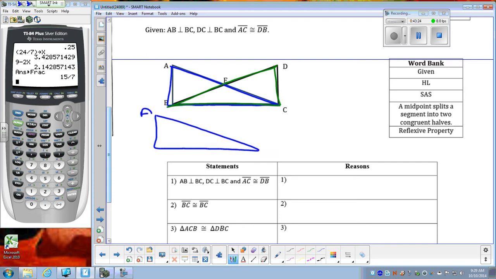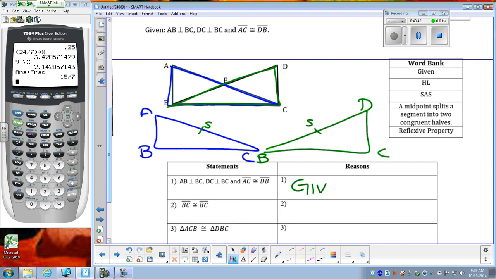I would always recommend drawing your triangles out so you can look at what you got. Okay, I know that AC is congruent to DB. That's because this is given to me. My next statement says that BC is congruent to BC. Well, this is the reflexive property.